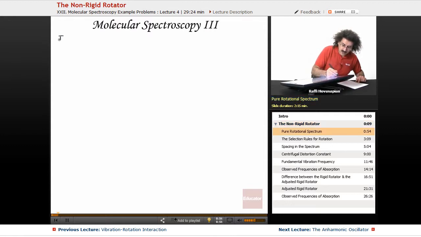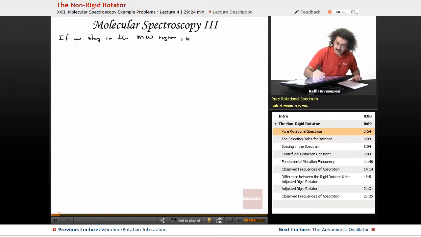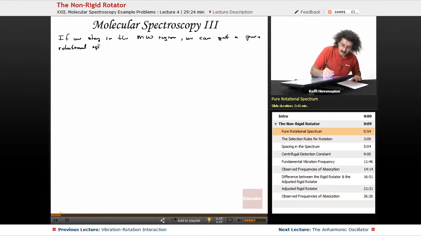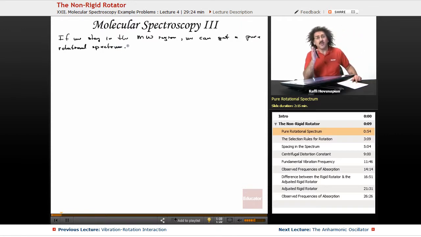Okay, so if we stay in the microwave region, we can get a pure rotational spectrum. And again, remember what we said, for a pure rotational spectrum, there are some selection rules.